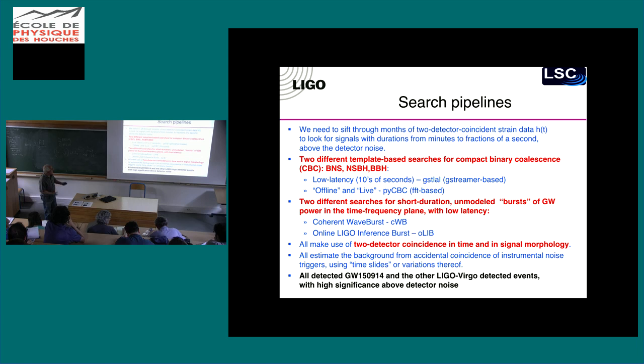We also have searches for short duration unmodeled, non-template based signals, bursts, which you'll hear much more about from Marianne tomorrow, especially Coherent WaveBurst. And there's another one called oLIB. And they all make use of two detector coincidence in both time and signal morphology. Okay? It's possible to detect a gravitational wave, not its location or its polarization, but its presence, with only one detector.